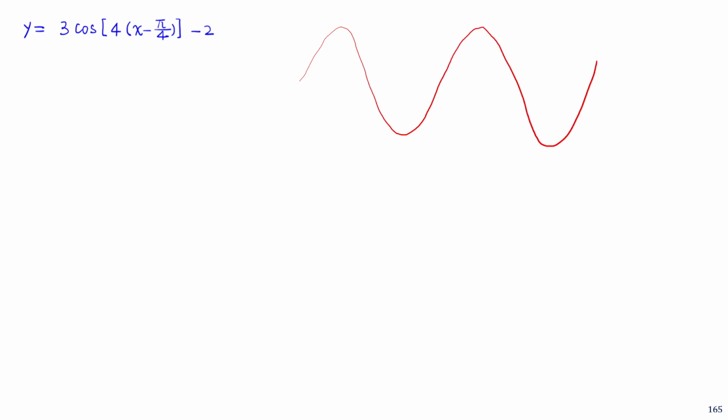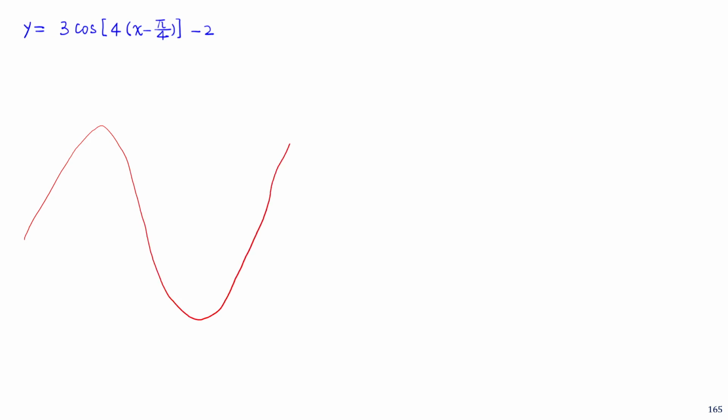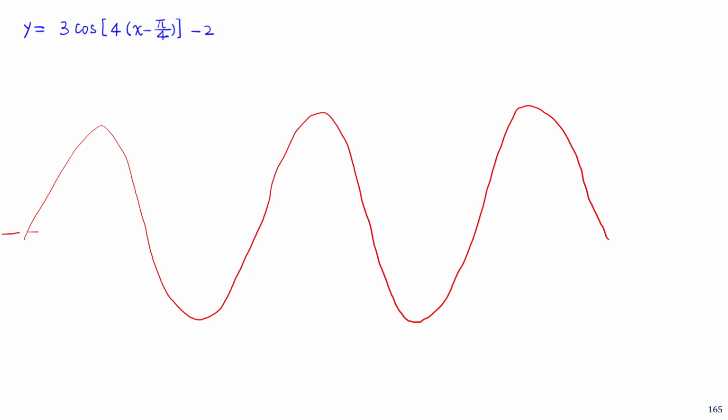So first of all, we can draw a curve like this. And then let's determine its equilibrium position, maximum, minimum position, and then find the relative position of the y-axis and x-axis. Then we can sketch the graph of a function like this.